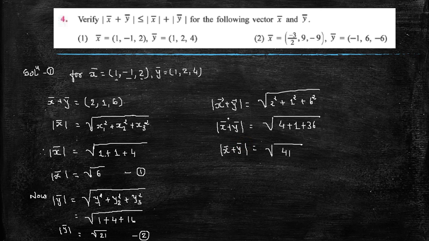I can give it a symbol either as an arrow or as a bar, but let me give you this symbol. Okay, so now what we have to verify, therefore it is verified. What is verified?